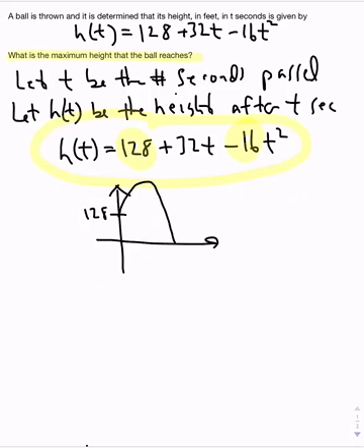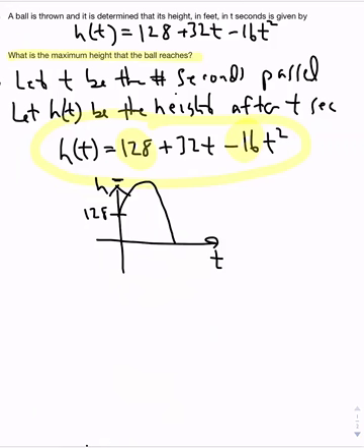Okay, so what does that mean? Well, I'm trying to find the maximum height that the ball reaches. So our independent variable axis is the horizontal axis, and then height is the vertical axis. So the maximum height that the ball will reach, if we look at this picture, will be right about here, right? That's the value along the h-axis that corresponds to the highest point on the graph.